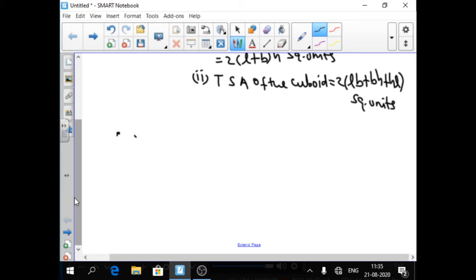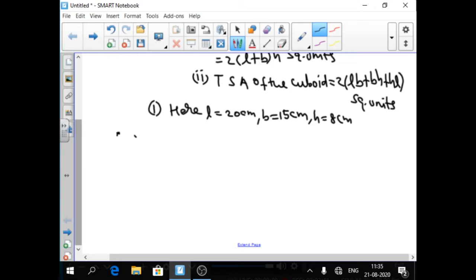So here, length is equal to 20 centimeter, breadth is equal to 15 centimeter, and height is equal to 8 centimeter.